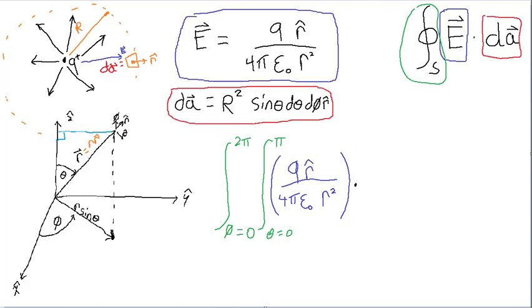And now I'll fill in the differential area component, which is going to be this. So if I put brackets around that, I'm going to say R, capital R in this case, squared times sine theta d theta d phi.